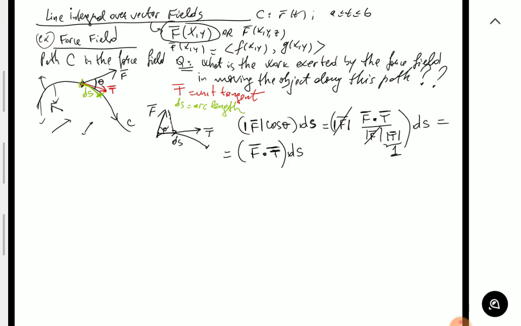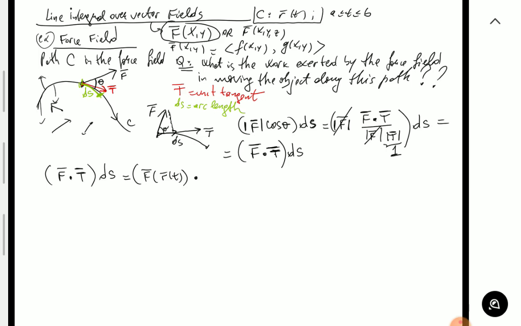Now, when we actually evaluate this on the curve, when you plug in the components of the curve C of t, we can write this in a slightly different way. The force field evaluated at the curve is F of r of t.